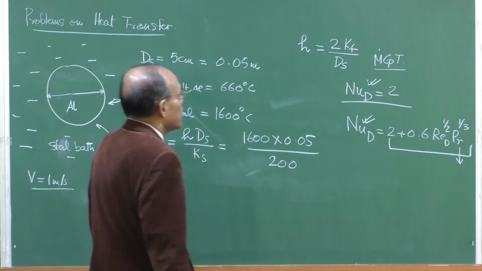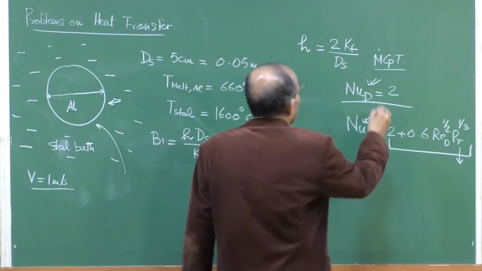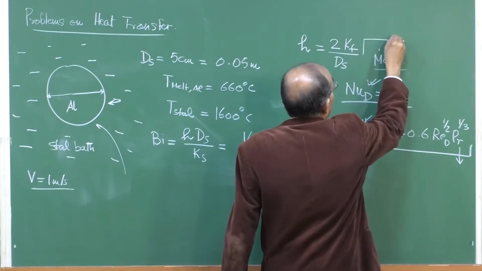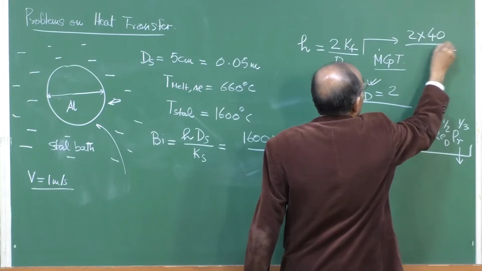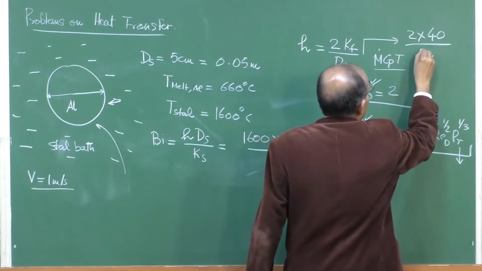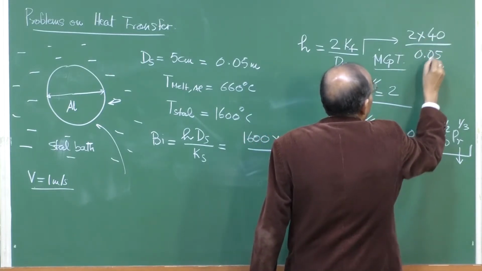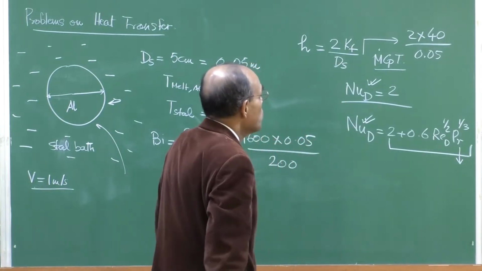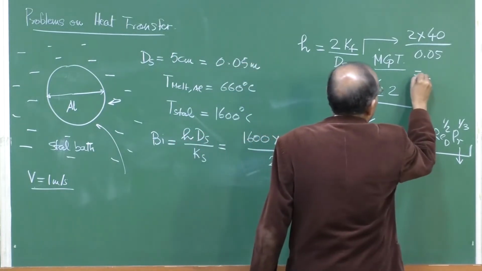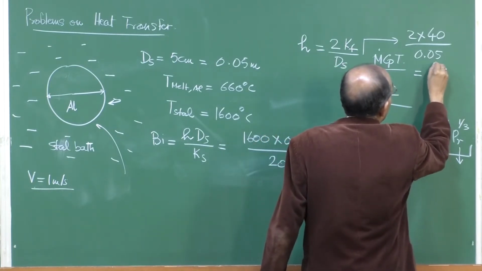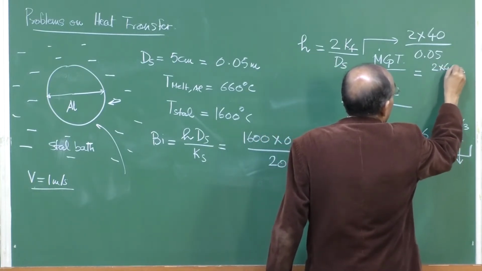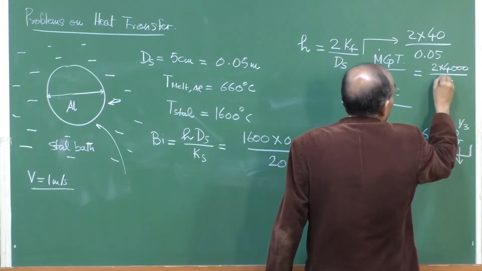So, fluid thermal conductivity is roughly about, so you can say that this is going to be 2 multiplied by K fluid, which is 40 roughly, okay, and diameter of the sphere which is 0.05, and that gives you something like 2 into 4000 by 5.